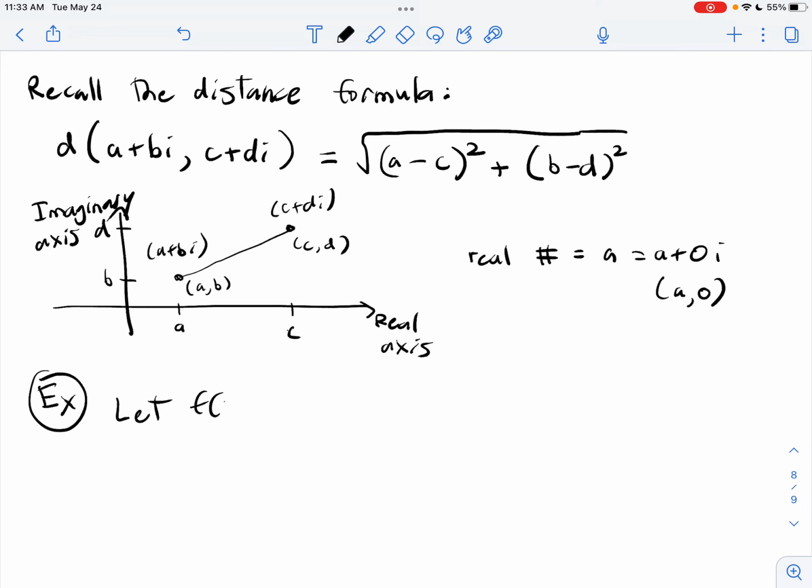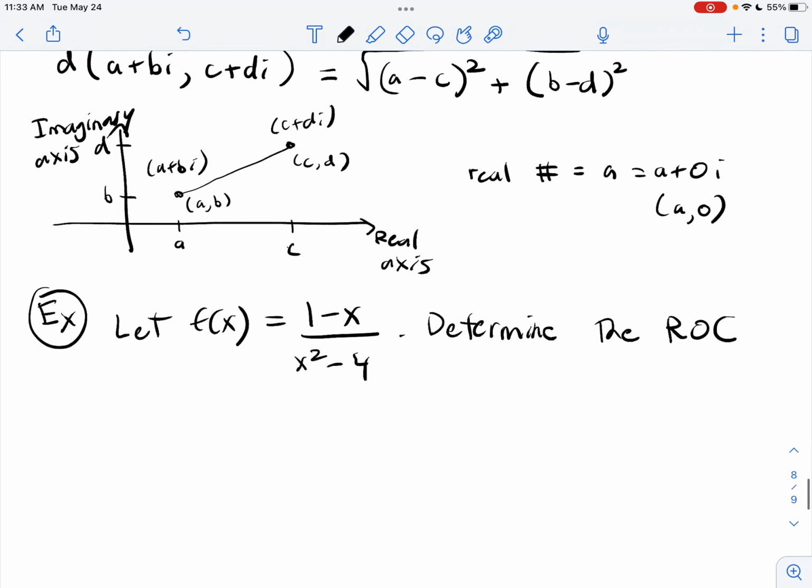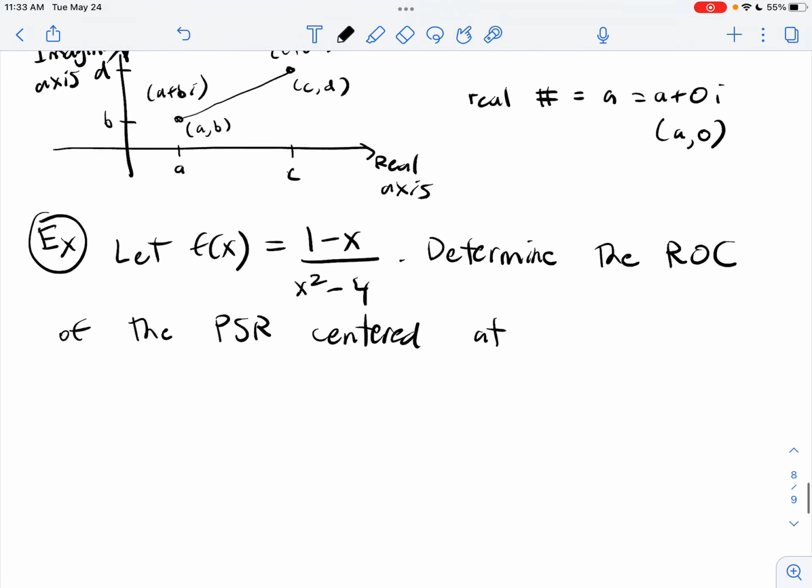So example, let's let f of x equal 1 minus x over x squared minus 4. I want us to determine the ROC of the power series representation centered at, so first part we're going to do is x equals 0, and second part we're going to do is x equals 1.